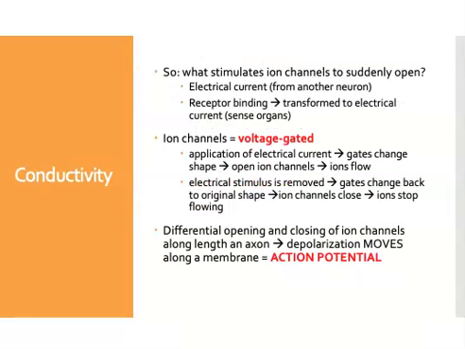So the question is, when and why do these ion channels suddenly open up? What causes them to open and what causes them to close? And the answer is electrical current, electrical signal coming from another neuron or another cell.